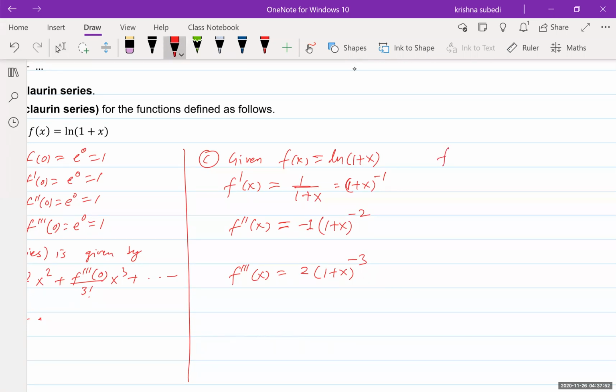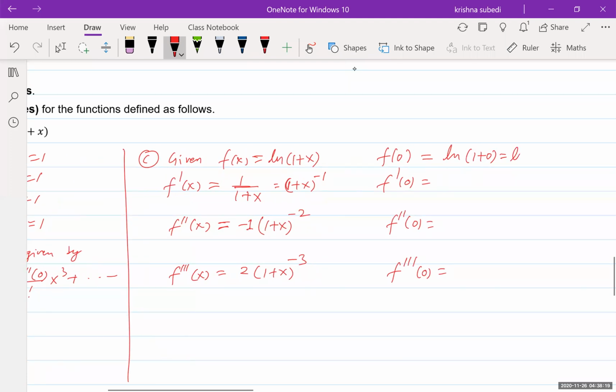Now we need to figure out what is f of 0 and f prime of 0 and f double prime of 0 and the third derivative at 0. So let us calculate this. F of 0 is going to be ln(1 plus 0), which is ln 1.